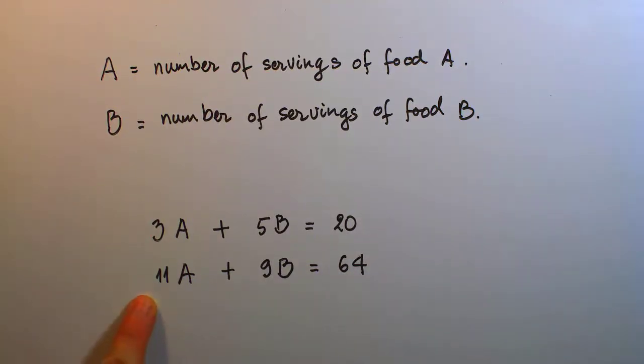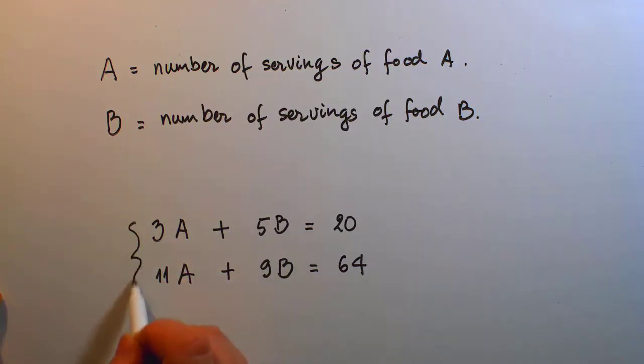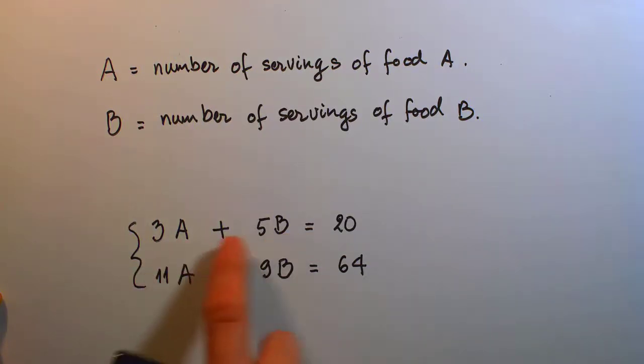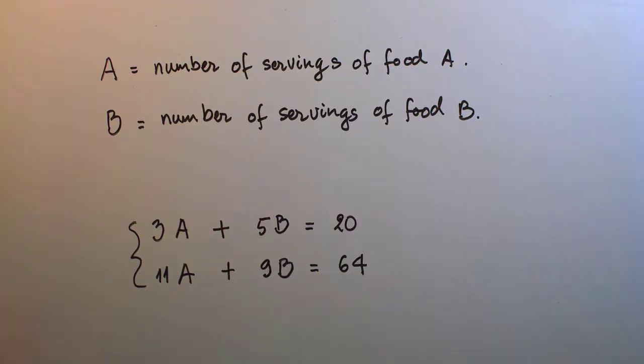So here we have found another relationship between the two variables. Ideally we were looking for two relationships, and now we have found both of them. So we have a system of equations: two unknowns, two variables, and two equations.